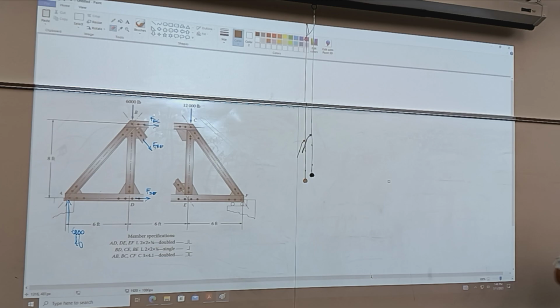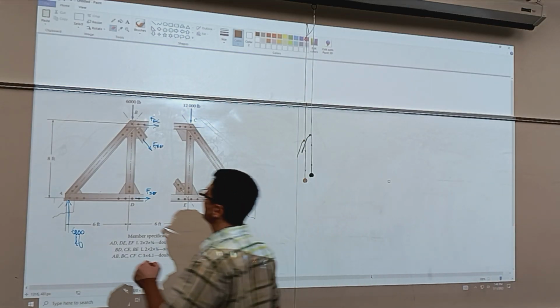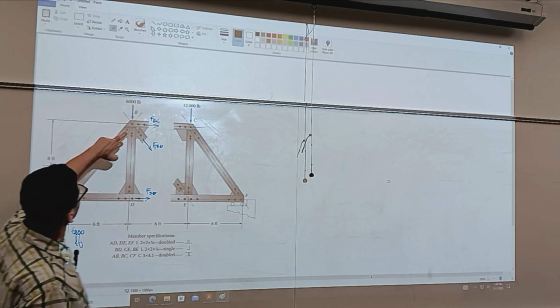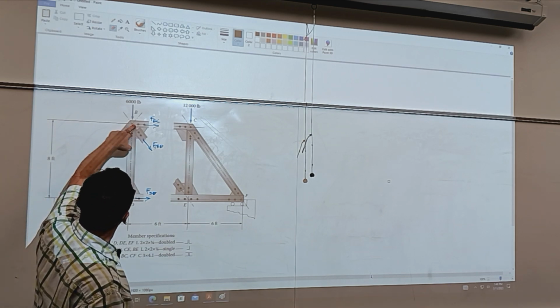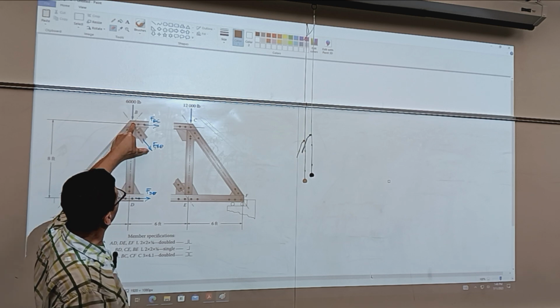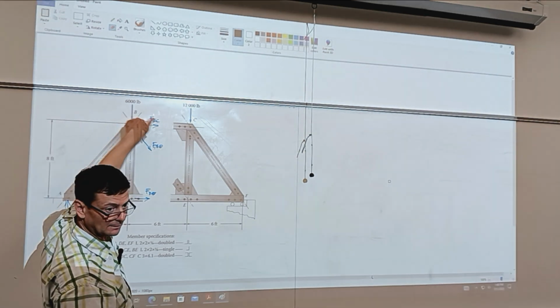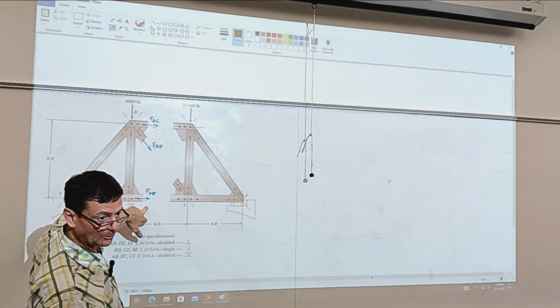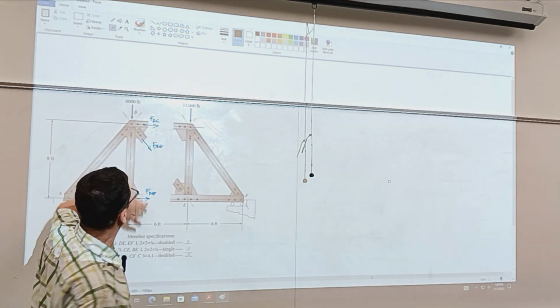So let's see what we have. We can sum moments in a convenient way, at least at first glance, about point B, and that will eliminate the two unknowns from the equation, and we can solve for this one right away.